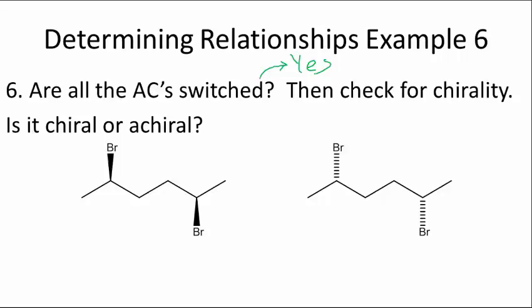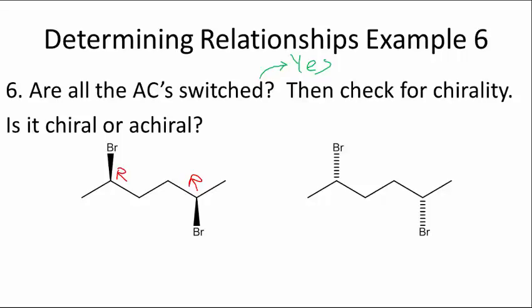The last question I have, though, if they're mirror images of each other, they could still be identical. So, we have to ask ourselves our favorite question. Is it meso? All right. To determine if it's meso, remember we're going to check for R versus S. So I would go through this and say, all right, molecule on the left, priority 1, 2, 3, I'm going clockwise, this is R. 1, 2, 3, I'm going clockwise, this is R. Aha!